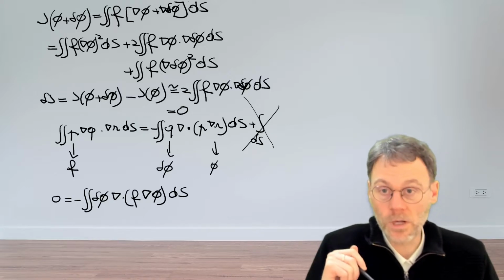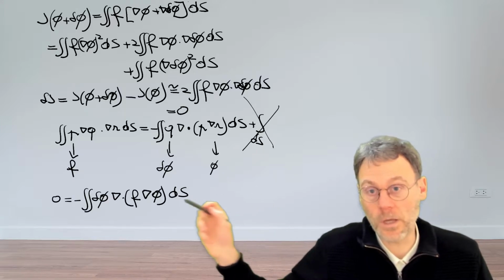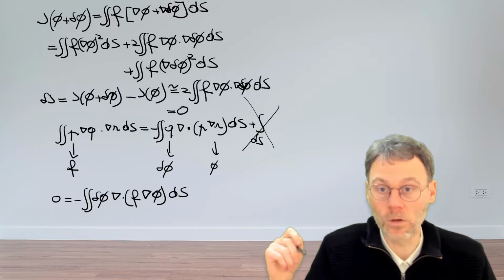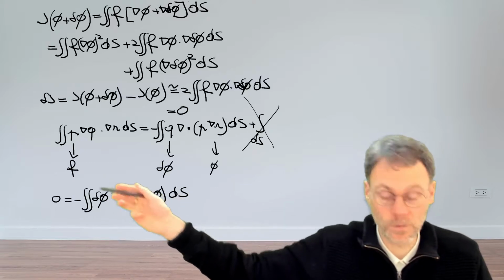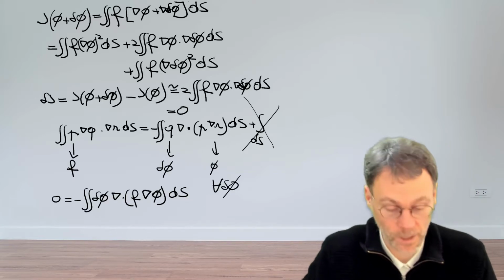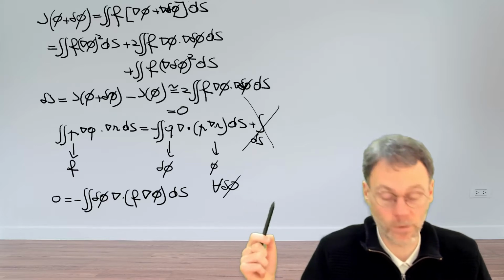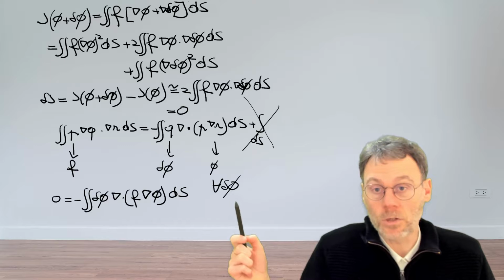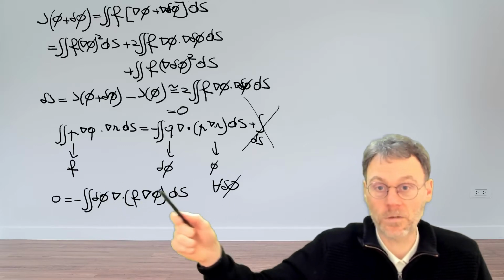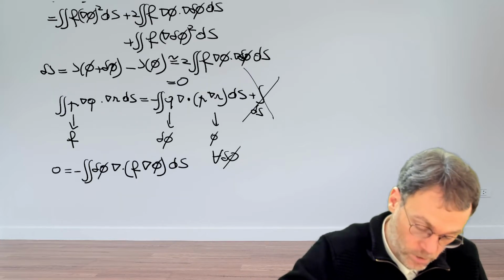The important thing to realize is that this thing is just not by accident 0 for a well-chosen value of the function delta phi. No, this thing should be 0 for all possible values of delta phi that you can think of, and even those that you can't think of, in order to really have an extremum of this functional. So this can only be true for all possible values of this guy if this factor here is actually equal to 0. And that gives us our Euler-Lagrange equation.